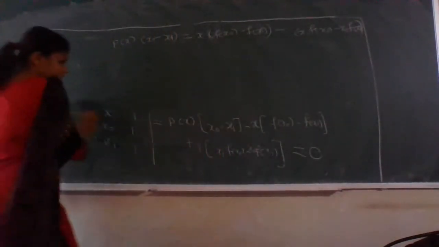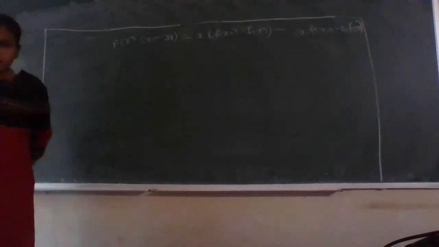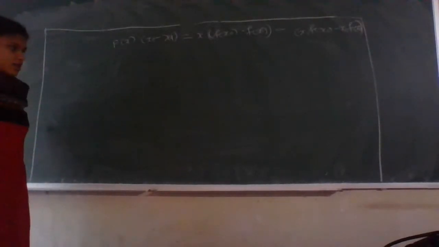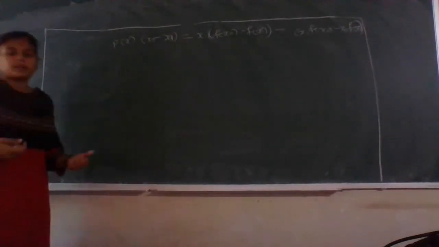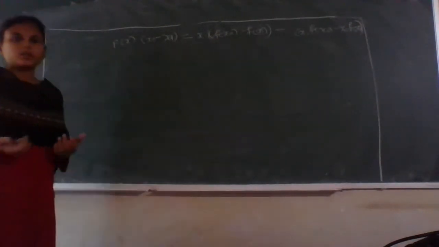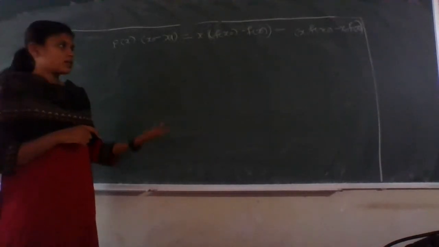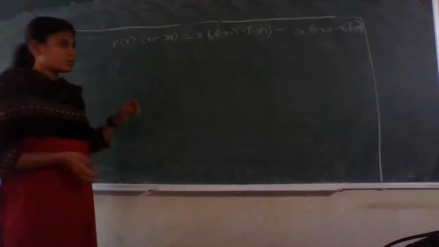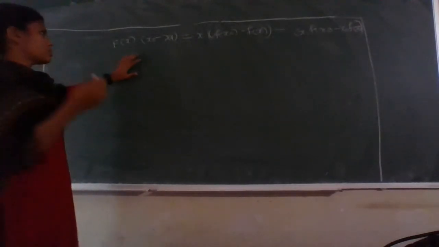Correct? This determinant we have equated to 0 so that we can find out the values of a0 and a1. And if you are able to find values of a0 and a1 which satisfy our given condition, that is, we have written these three equations which are in terms of x0 and x1, then your a0 and a1 will satisfy your condition of x0 and x1, so that we can find out the next values also, so a2, a3 and so on.